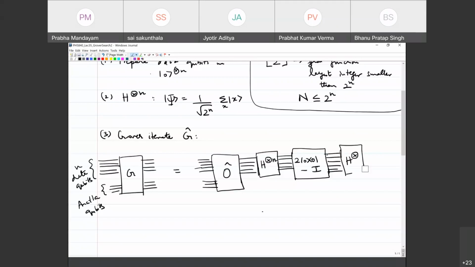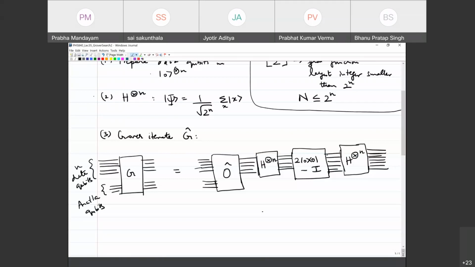And now I concluded yesterday by saying that the Grover iterate actually implements a kind of rotation, right? So that's the first thing I need to show today, that this is indeed a rotation. Okay, so this is the full Grover circuit. And then this has to be appended with this initialization stuff.